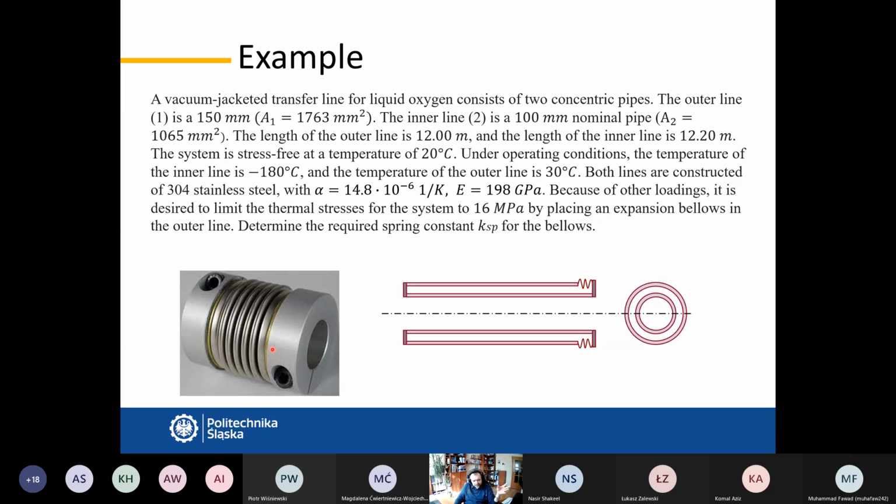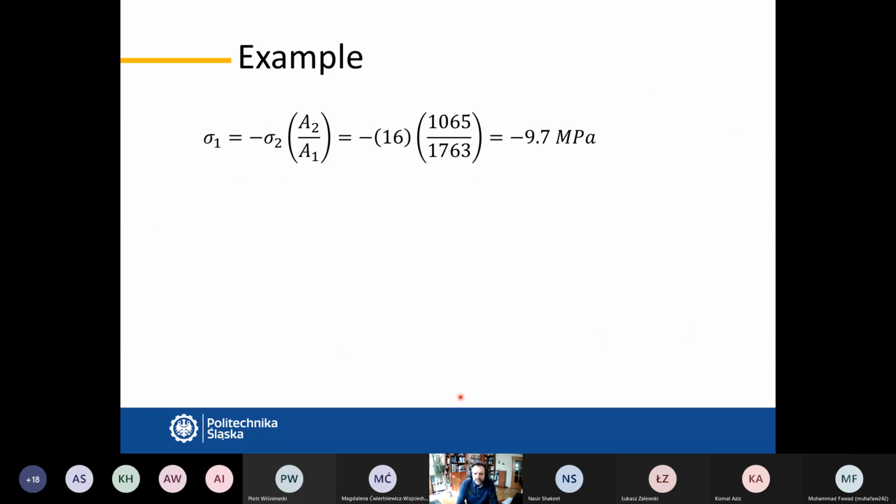So the spring element, you probably saw such solutions at different piping systems. From the equation of equilibrium, we have no external force.